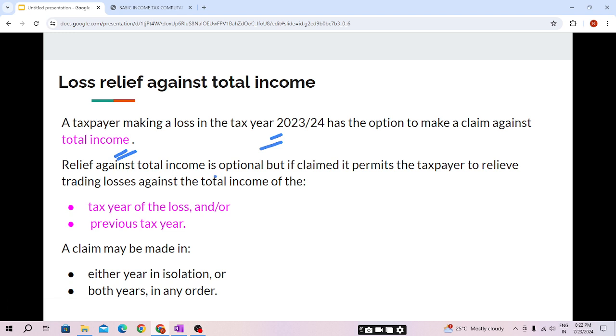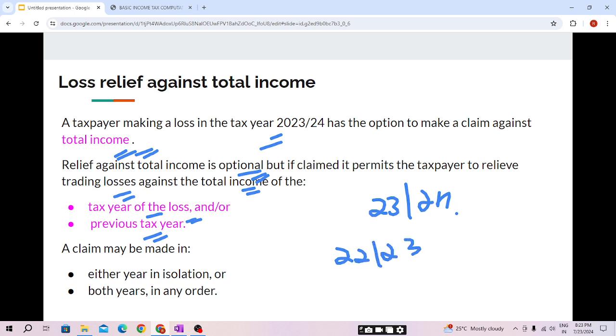Relief against total income is optional, but if claimed, it permits the taxpayer to relieve trading losses against the total income of the tax year of the loss and or previous tax year. So students, if an individual selects option 1, to claim the loss against the total income, then the losses can be set off against the total income of the tax year of the loss, that is 23-24, and or previous tax year.